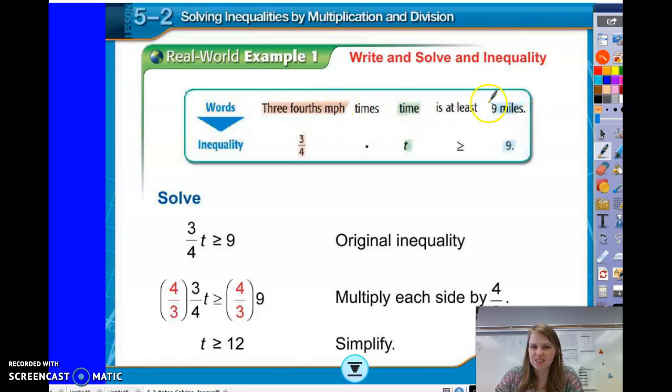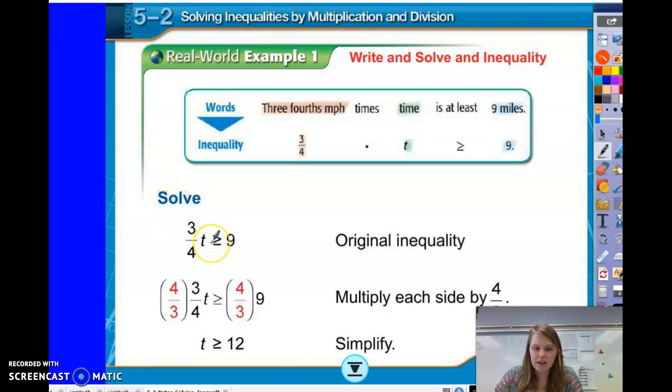The rate is red and the time is green here. They plugged this in and said 3/4 of this is at least 9, so it's greater than or equal to 9. It could be bigger. So this is our inequality.